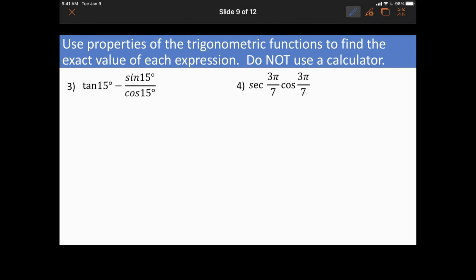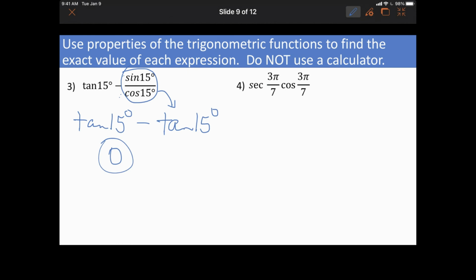But here I have sine over cosine, that's tangent, so this is equivalent to that. Now that I've rewritten it, I have tangent 15 minus tangent of 15 degrees. That's 0.